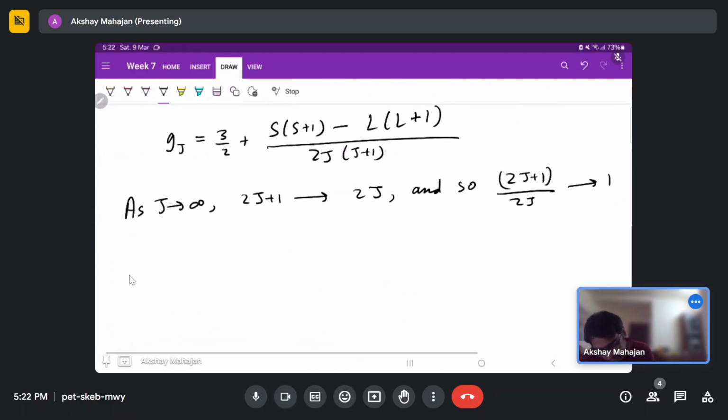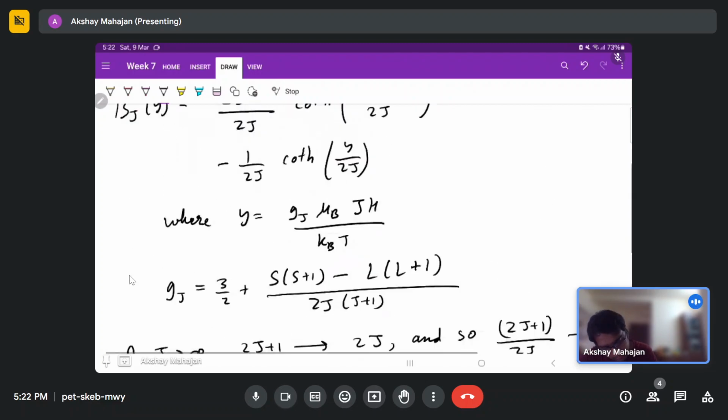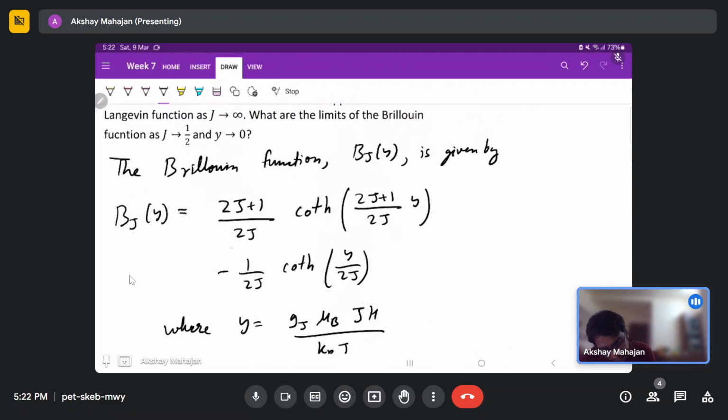Therefore the first term tends to coth 1. We have 2j plus 1 upon 2j here, and both of them will tend towards 1.